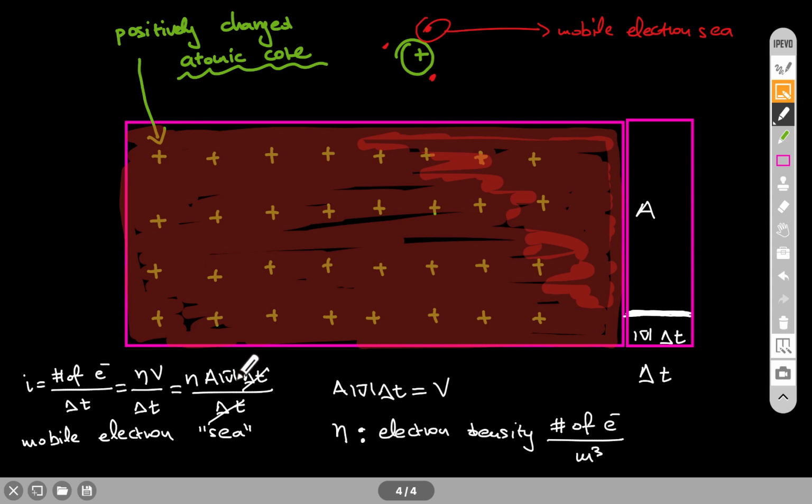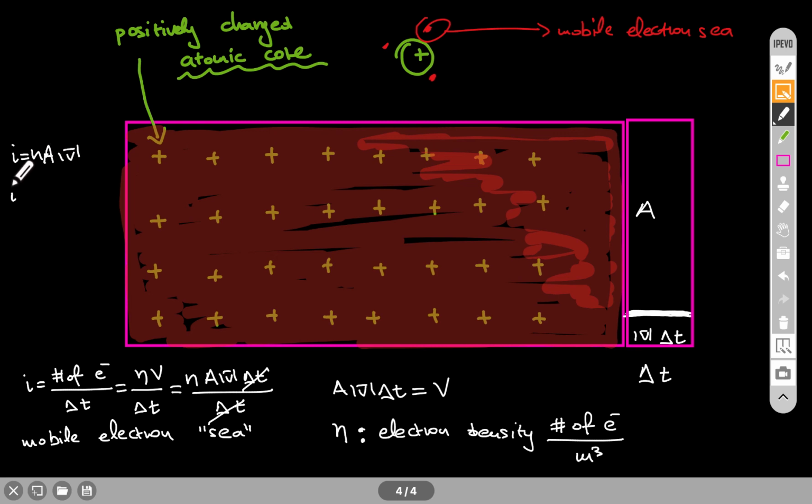It is also possible to do one approximation for the speed of the electron C. Let's see, do we have space? So let's say here I'm going to write the same thing, eta times the area times the speed.